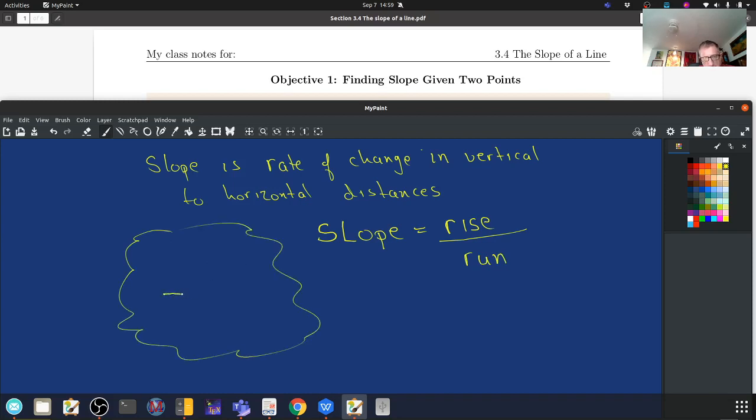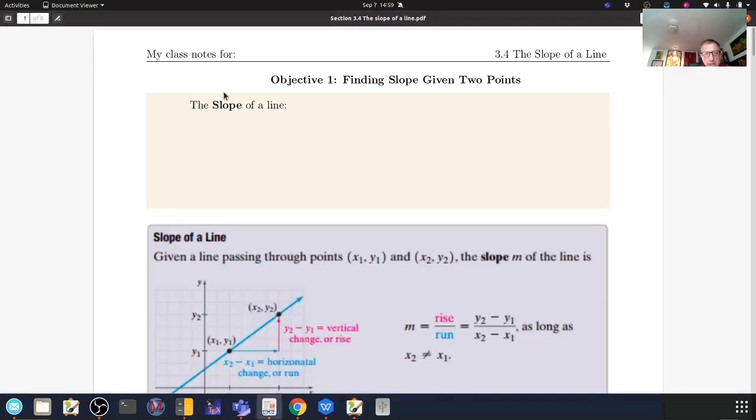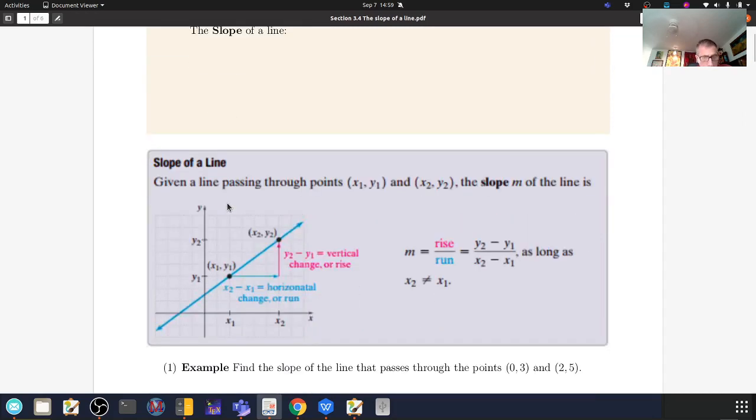It's going to be a fraction, and the rise has to do with a vertical up and down direction. The run has to do with a horizontal direction. Now, this is probably going to look blurry to you. This is actually something that I copied from the textbook.